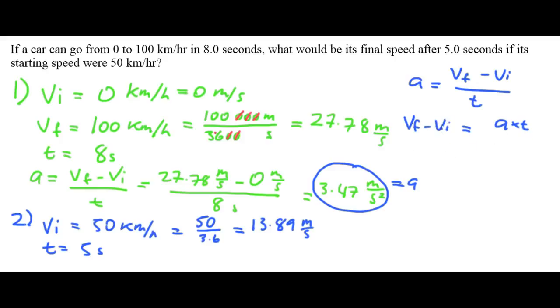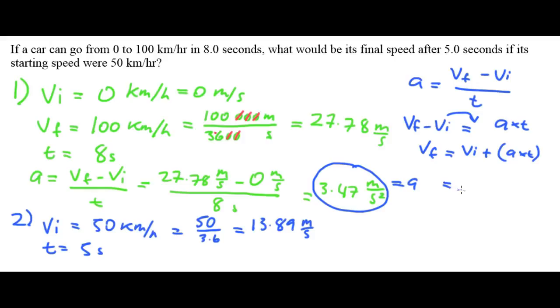Now we already know initial velocity, so we want to find out final velocity. If that goes over to the other side, that becomes positive. So it should be initial velocity plus its acceleration multiplied by its time. That is also a new equation for you guys to use to find out your final velocity.